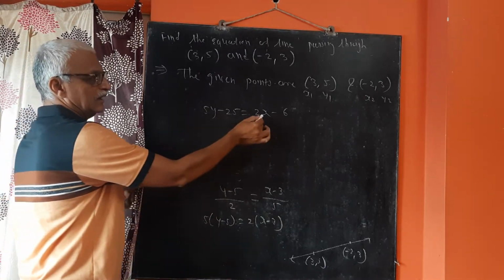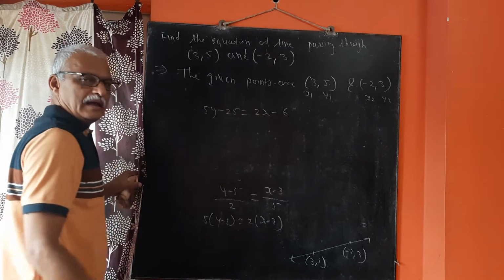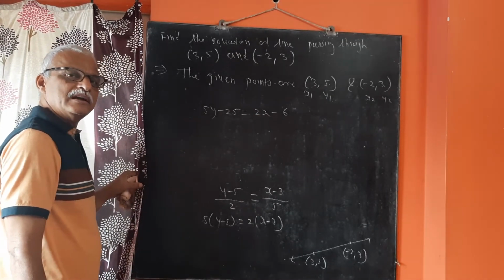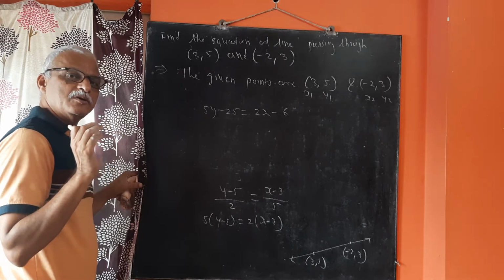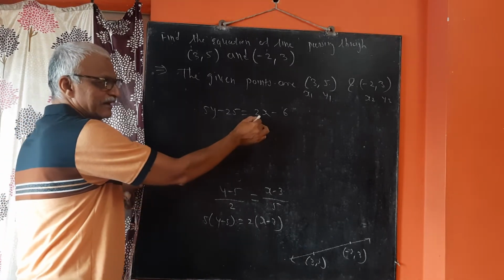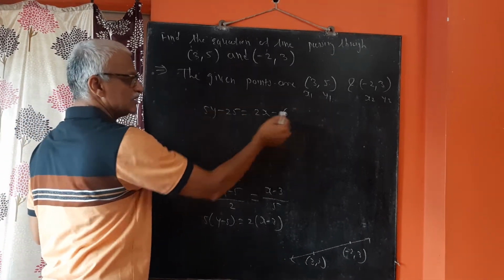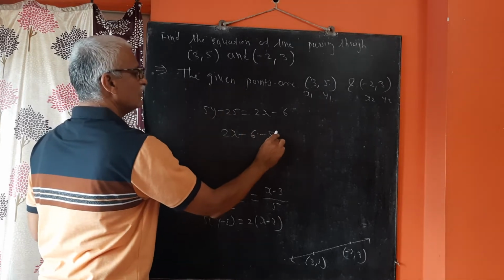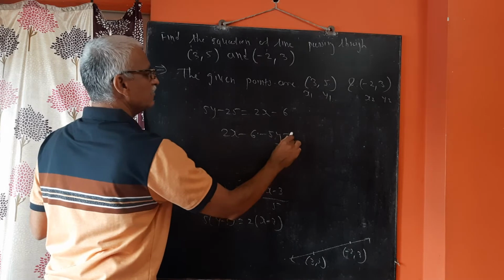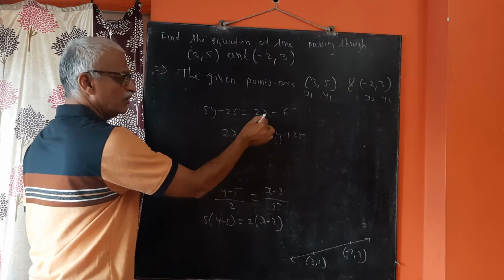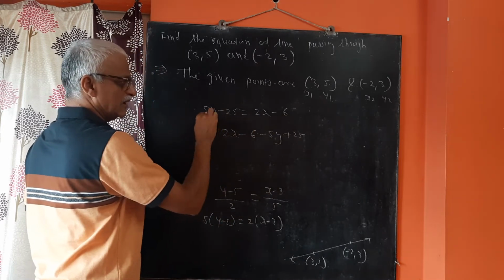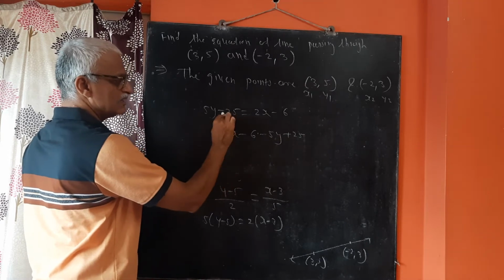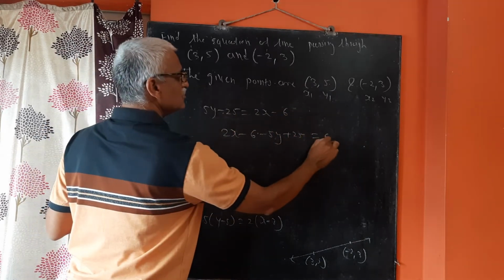Again, as I told earlier, try to keep the coefficient of x positive. So here x is positive. Shifting this term to the other side, we get 2x − 6 − 5y + 25 = 0. I repeat: 2x − 6, 5y goes there so minus 5y, minus 25 goes there so plus 25, equals 0.